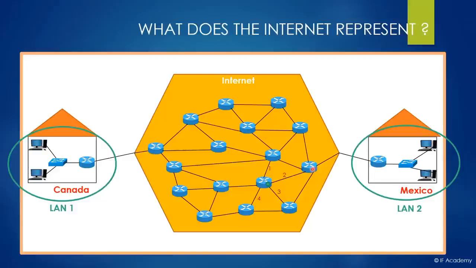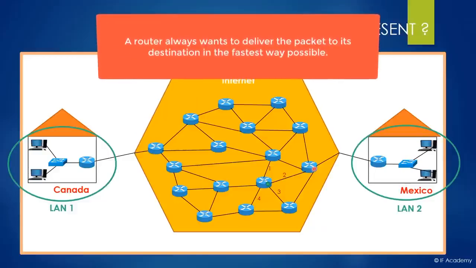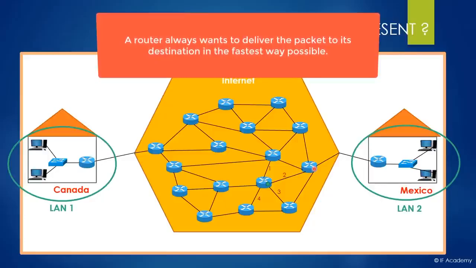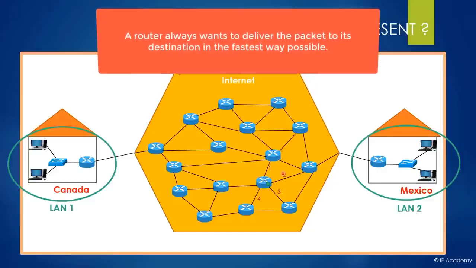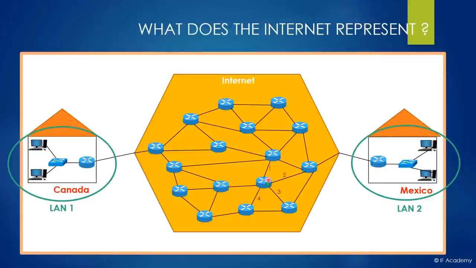Let's see together. First of all, never forget that routers always want to deliver the packet to its destination as fast as possible. So, if this router chooses path 3 instead of path 2, it may seem unreasonable to you at the beginning. I understand that because you decide with a very simple logic. You are just using your eyes. However, routers use many algorithms when creating their routing tables, and these algorithms have many variables.